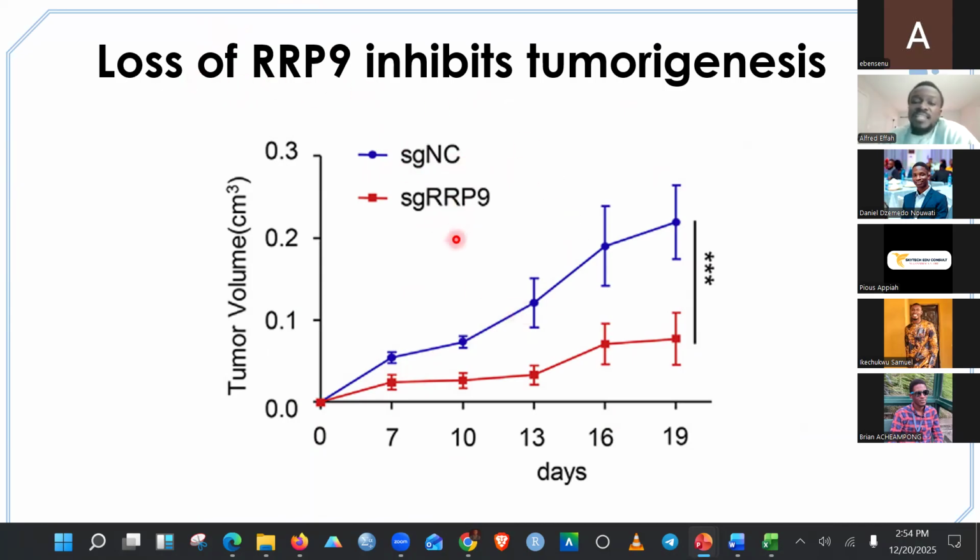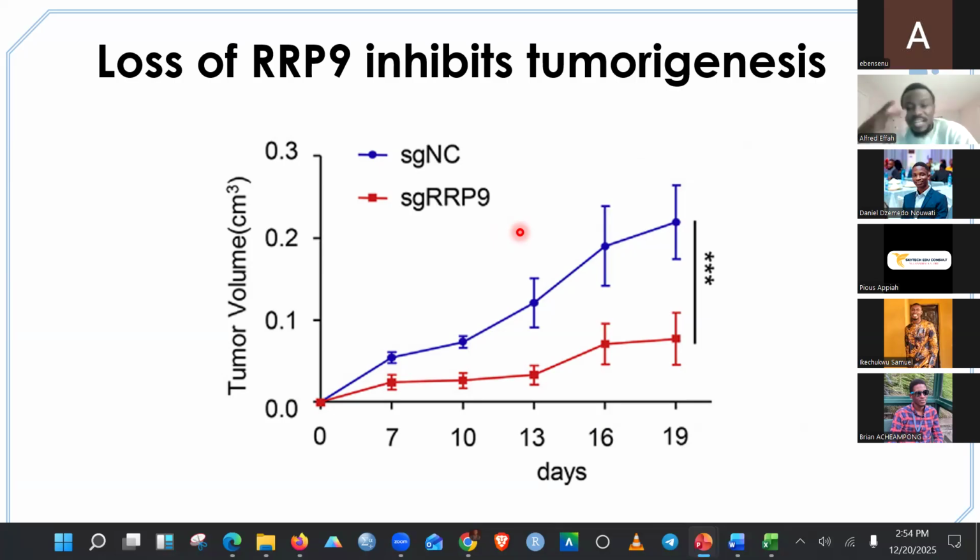When RRP9 is present, everything about it supports tumor growth, cell invasion, the tumor volume, and everything. So that's how these people utilized co-immunoprecipitation to look at the interaction and also tell us that, yes, when it is present, this is its impact on tumor. They didn't end here.